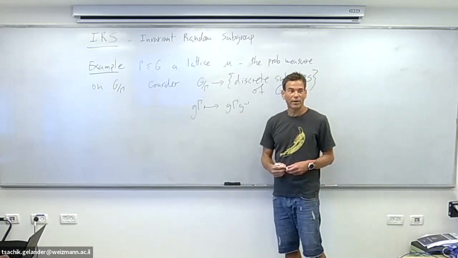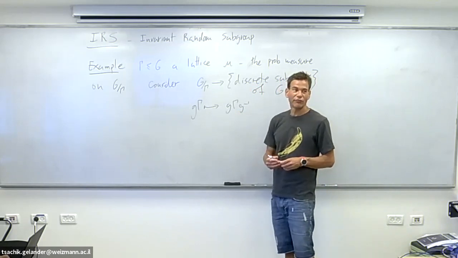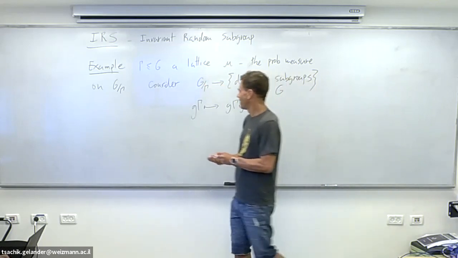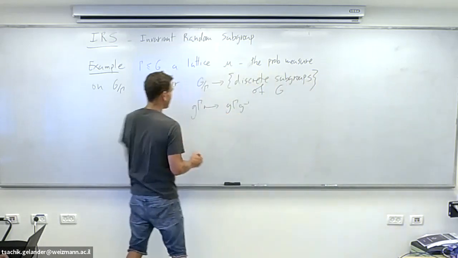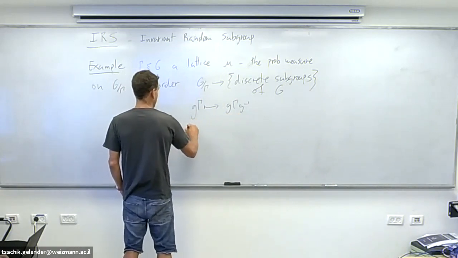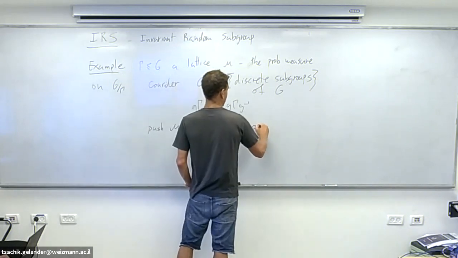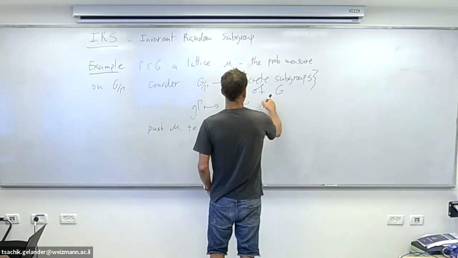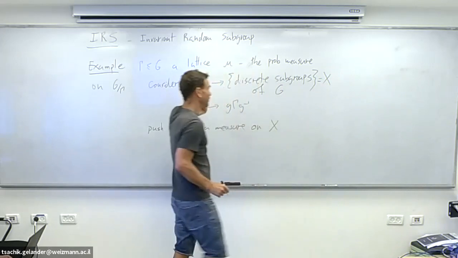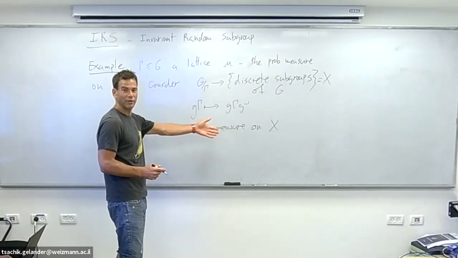So this is a continuous map, in particular measurable, and therefore you can push forward the measure mu to a probability measure on this space. Let's, for the moment, call this space X, the space of all discrete subgroups of G.